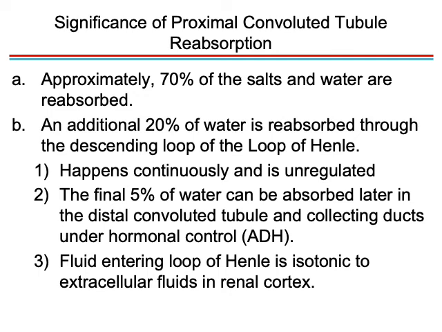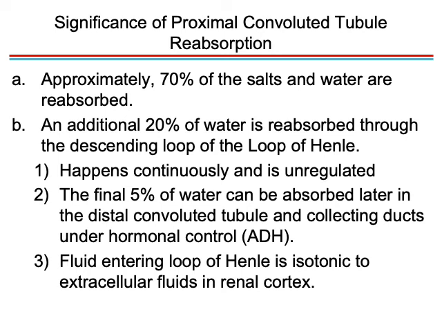It then travels, it's known as the filtrate, and travels to the next part of the nephron, the proximal convoluted tubule. Here, approximately 70 to 75% of all the salts and water are reabsorbed. They don't go any further.